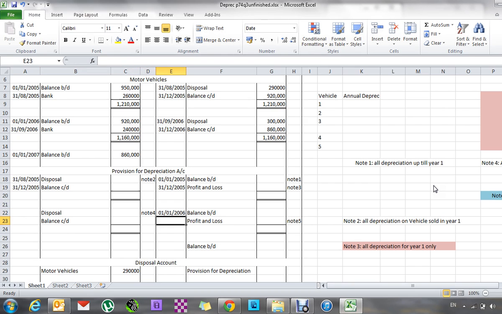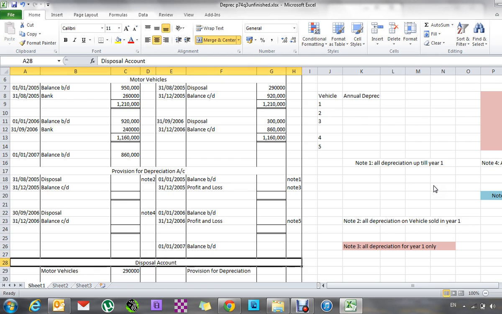And my profit and loss is going to be 31st of the 12th 06. My balance 31st of the 12th 06. And the disposal happened on the 31st of the 9th 06. Okay, and the balance brought down then is going to be the beginning of next year, 1st of 1st 07.